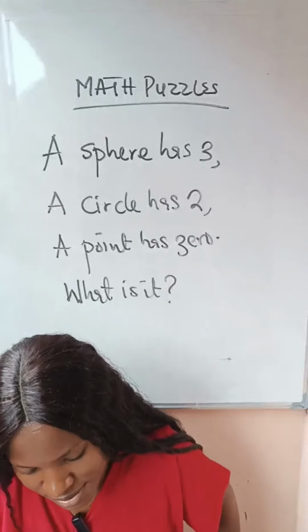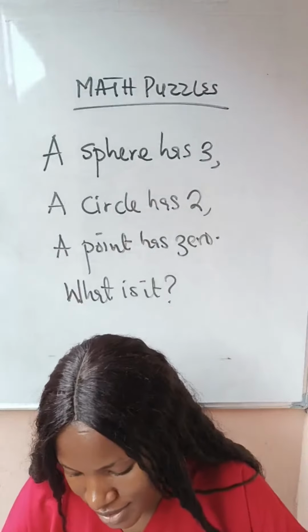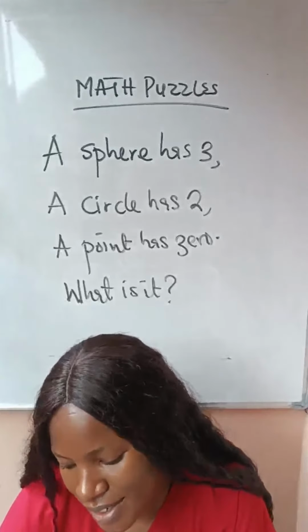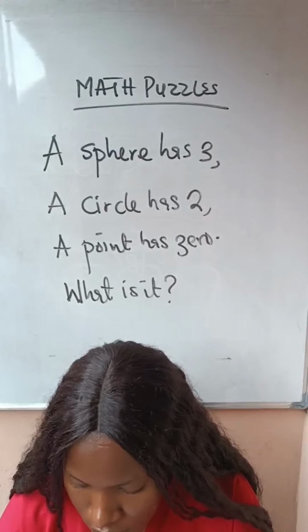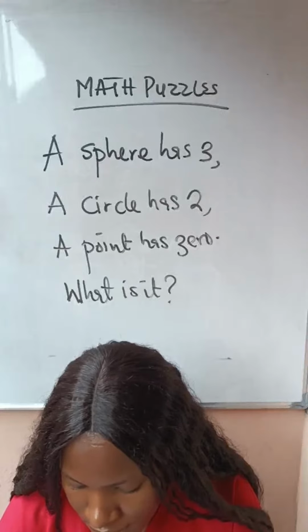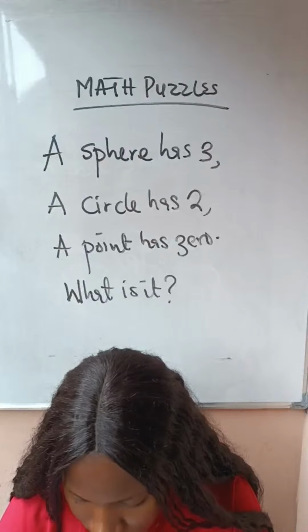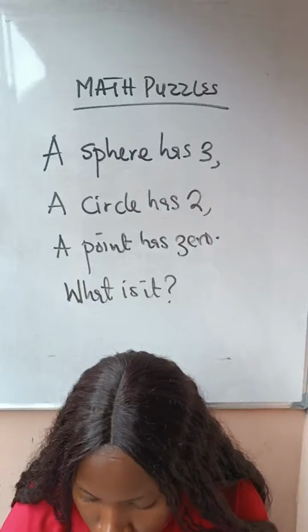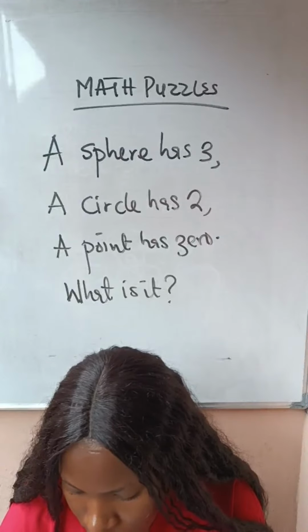Sean is saying radius. Jugi is saying dimensions. So let's go, friends. A sphere has 3, a circle has 2, a point has 0. What is it? Let's go.